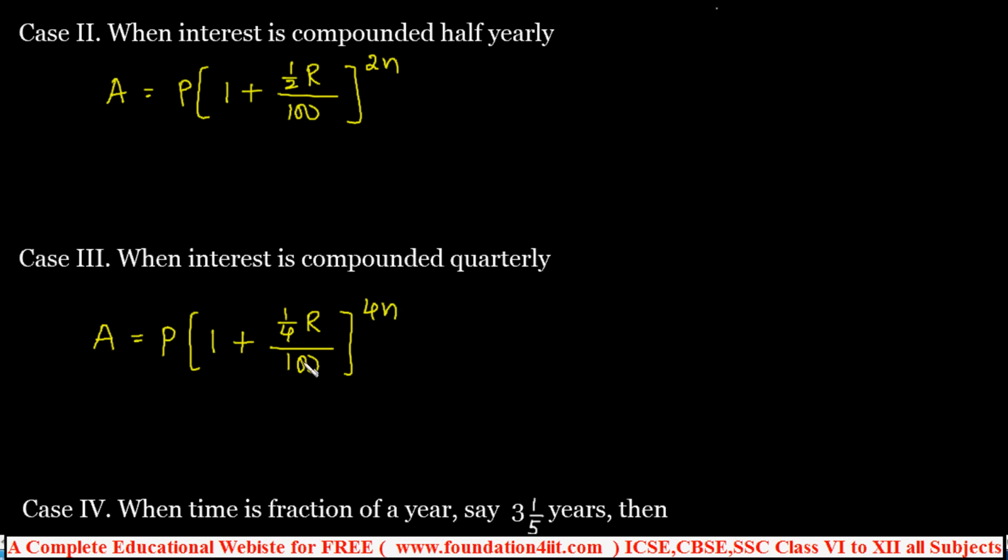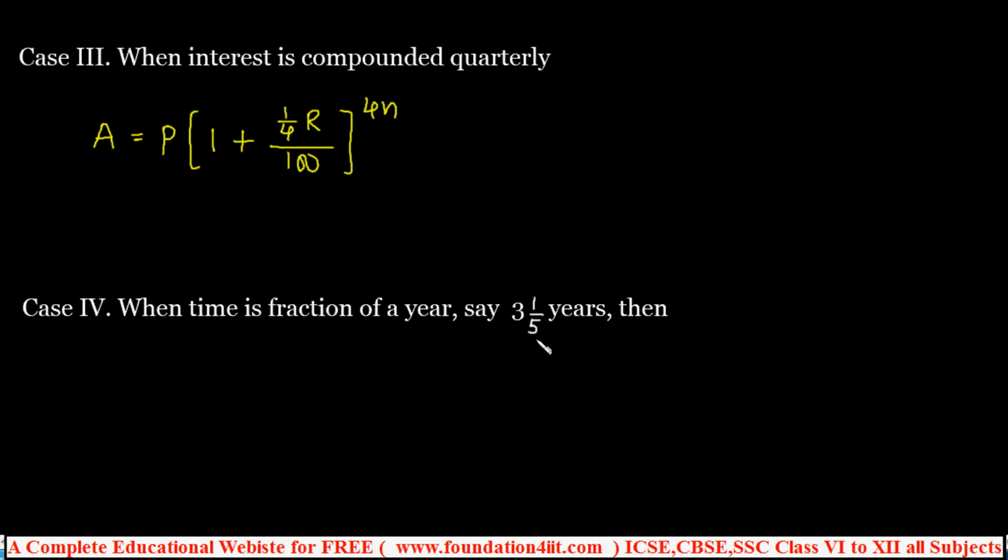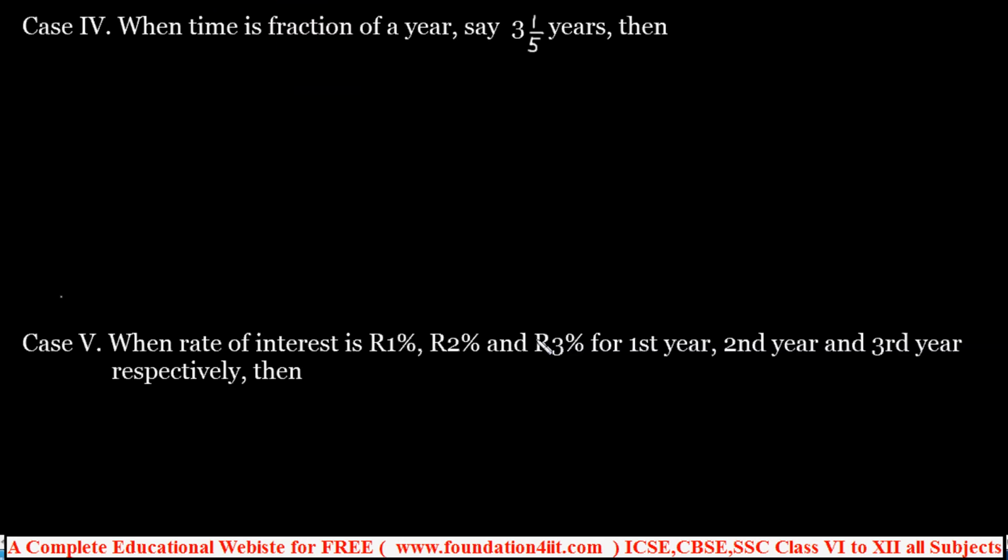And next one, for example, years and months combined. You can see the fourth case: when time is in a fraction of a year, say 3 1 by 5 years. 3 years and 1 by 5. So in this case, it is compounded annually only. For 3 years, 3 as usual. For 1 by 5, we will take it separately because 1 by 5 is less than a year.